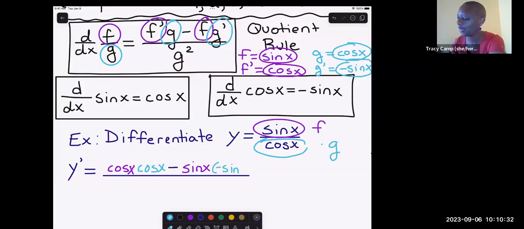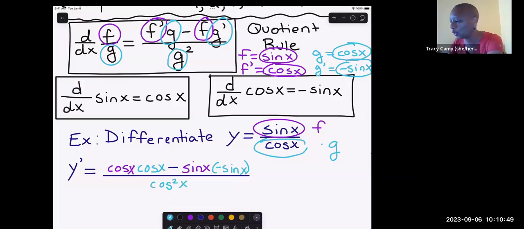From here, you want to divide by whatever your g is squared. Whatever your denominator is, square it, so we'll have cosine squared x.